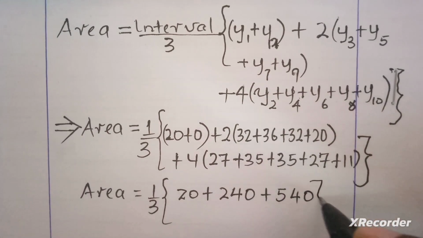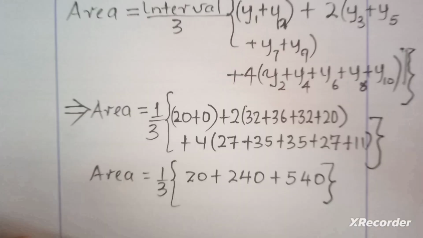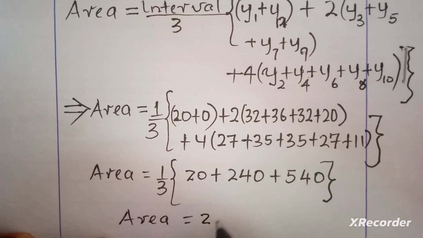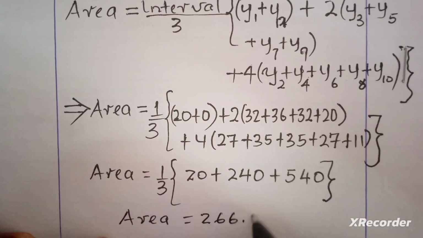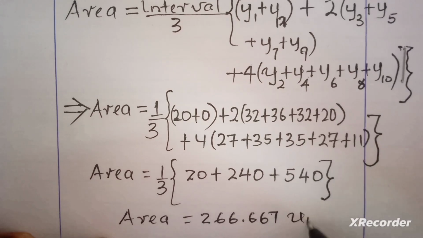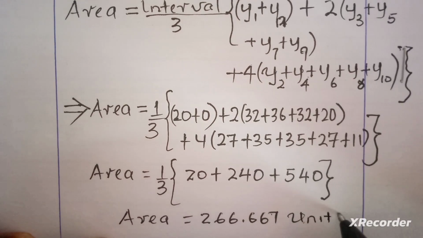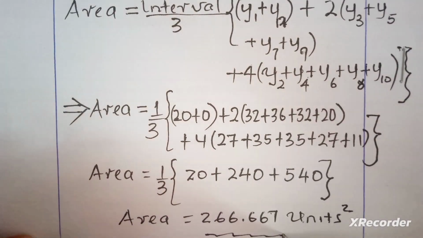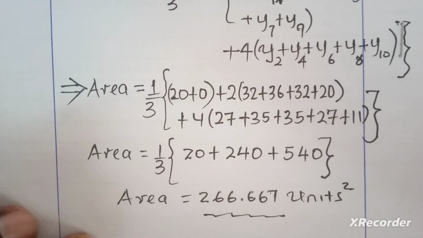When we do that, guys, our area comes to 266.667. You can write it in units squared, though it may not be a must to write that. So that is our area, guys.